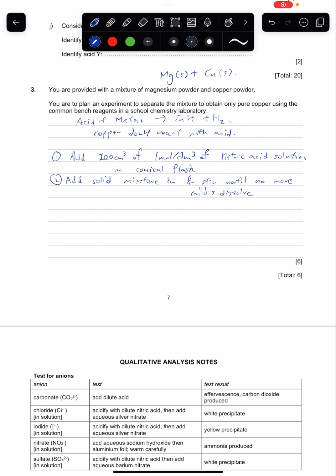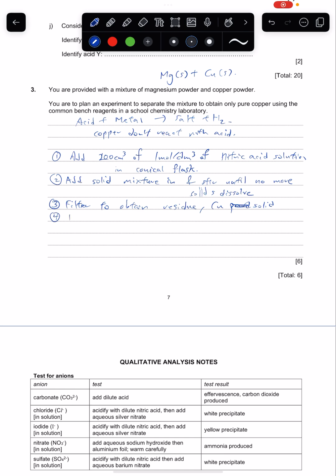So by doing that, your magnesium is gone already. You have copper powder now. Then after that, you filter. Filter to obtain your residue, which is your copper powder, solid copper. Then it's not clean, right?